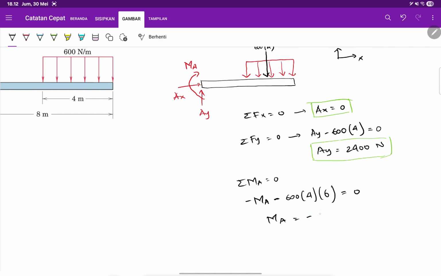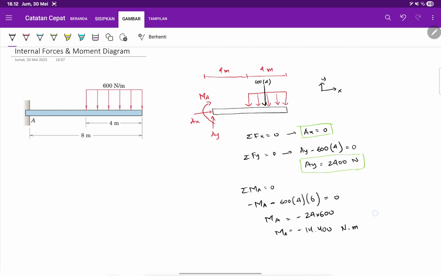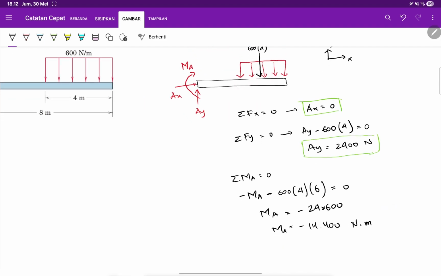So minus 24 times 600. Let's calculate 24 times 600. So this is Newton meter. Okay, that is your reaction moment at point A.